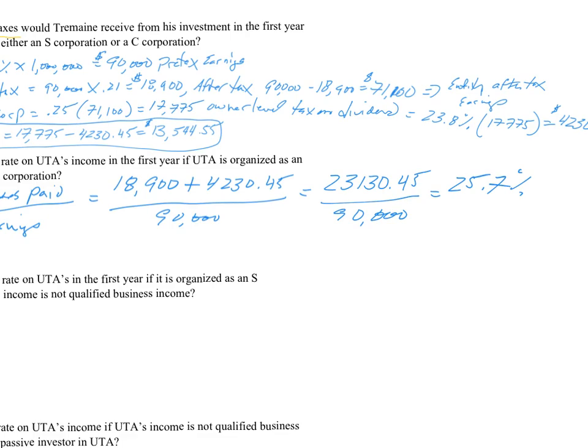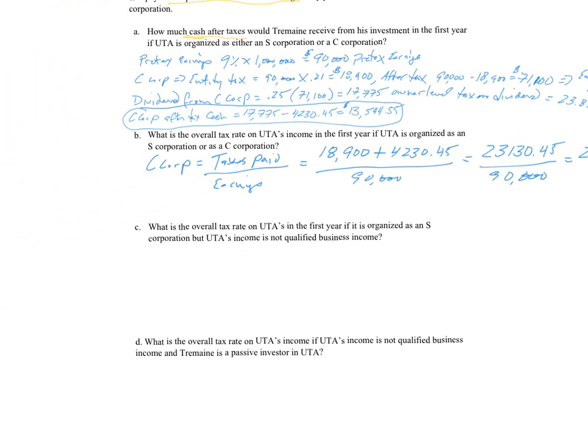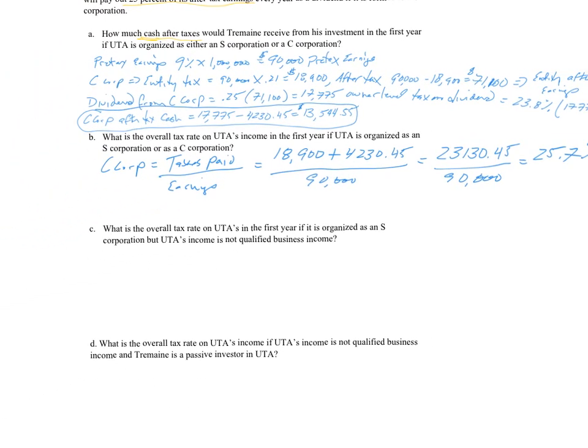Okay? All right, so now we need to do essentially the same thing at the S Corp level. All right, so S Corp equals taxes paid over earnings. So now we got to figure out all of our taxes paid. So what were our taxes paid at the S Corp level? Well, we didn't have any entity level taxes, so we didn't have to worry about that.